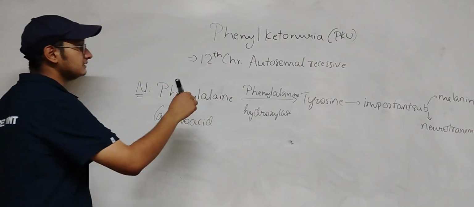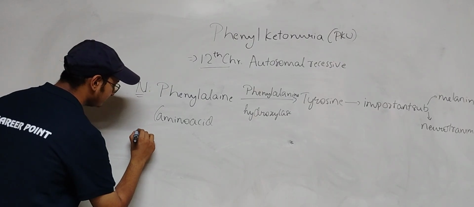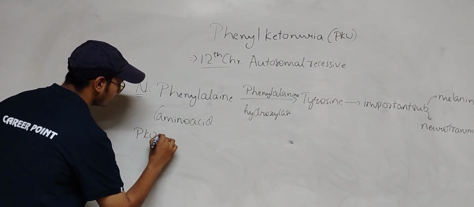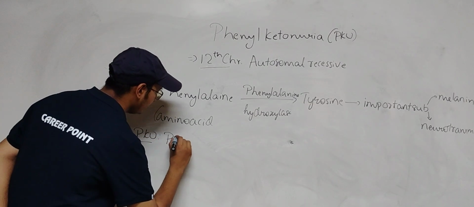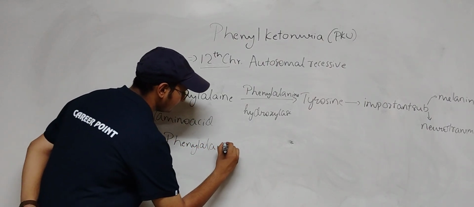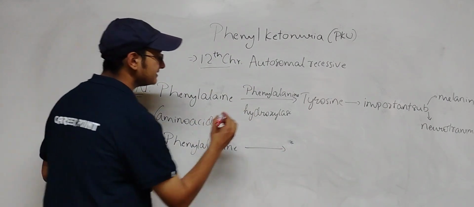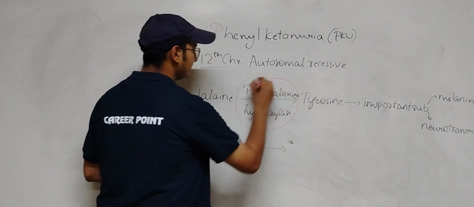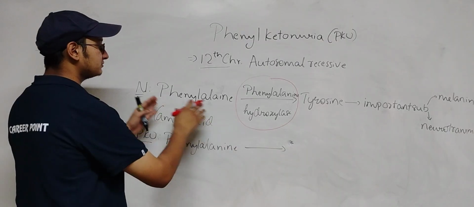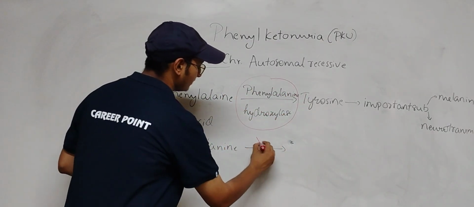In this condition there is a mutation in the 12th chromosome. So in this disease PKU, this enzyme phenylalanine hydroxylase, which converts phenylalanine into tyrosine, is absent.